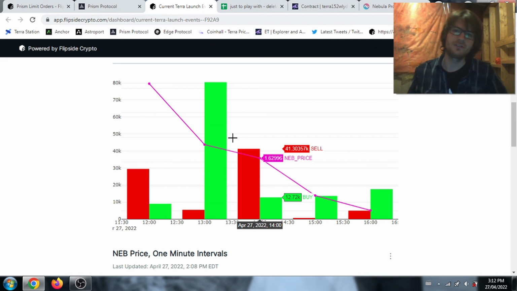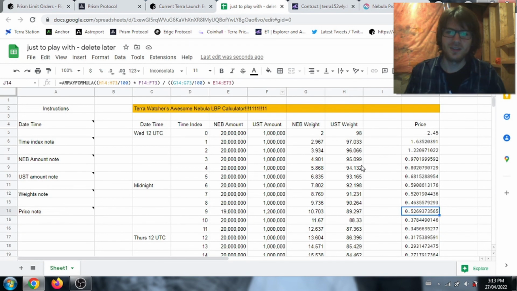Or I can say to myself, if the rate of UST going in picks up and the rate of Neb coming out picks up, then the price will be roughly here in 5 hours. And that way, that's just going to help me determine when the price is going to arrive at my target price.